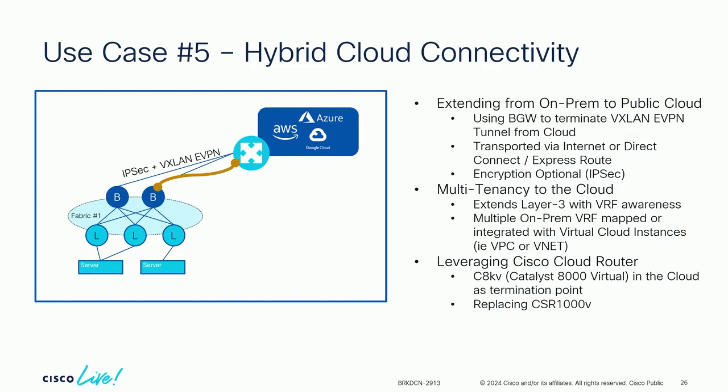So I don't have to build a specific infrastructure to just onboard or on-ramp or off-ramp the public cloud. If you find a public cloud provider that does VXLAN EVPN, you can do it natively. Otherwise, there is a virtual router we have available. I think it's called the Catalyst 8000 Virtual. You can plant it up there. You can do a VXLAN EVPN tunnel up there, and you're good to go.